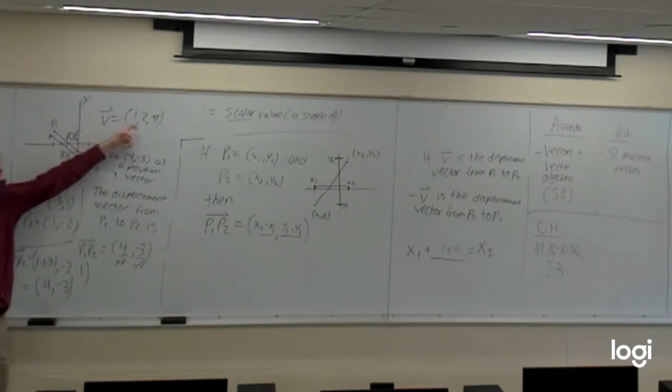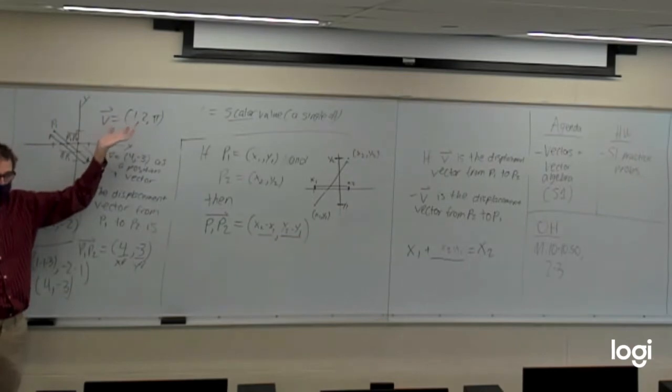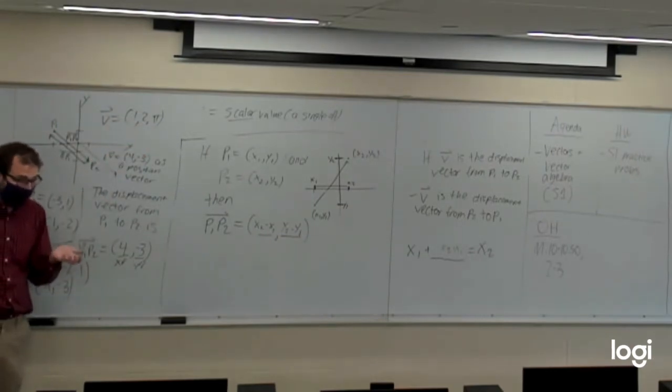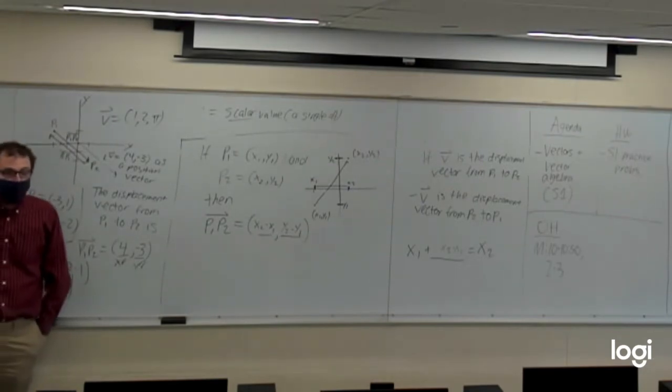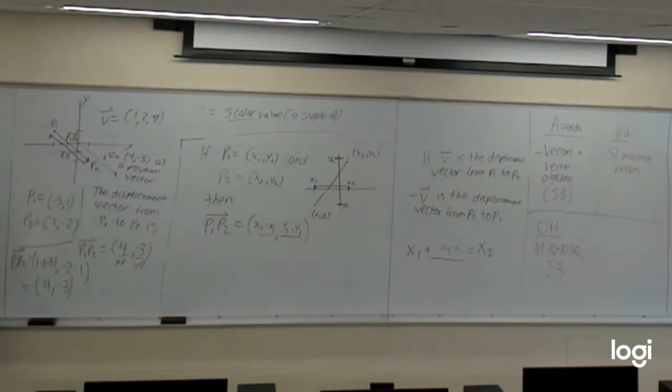So if I told you to draw this out, I would typically be looking for the position vector starting at (0, 0, 0). But if I don't really specify, displacement vectors and position vectors are kind of the same thing in a sense, in that they're both arrows that have that much change in them in the x, y, z, however many directions.